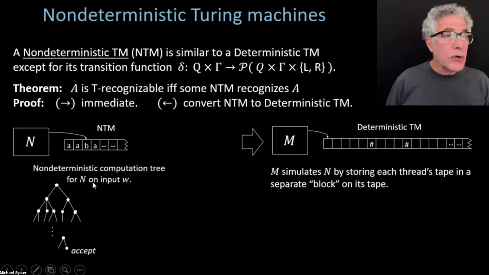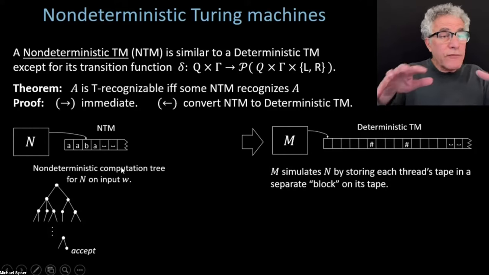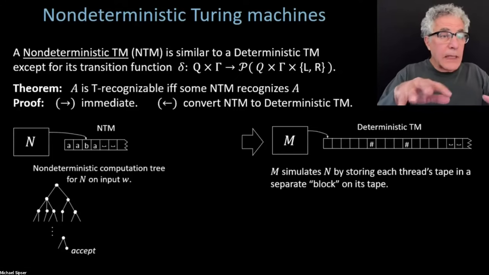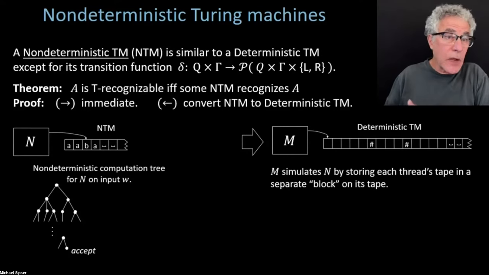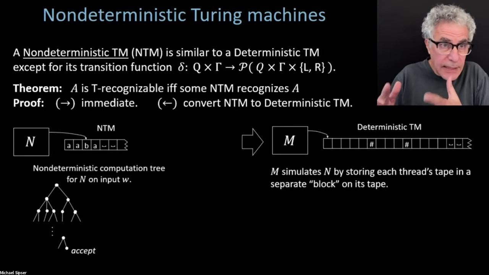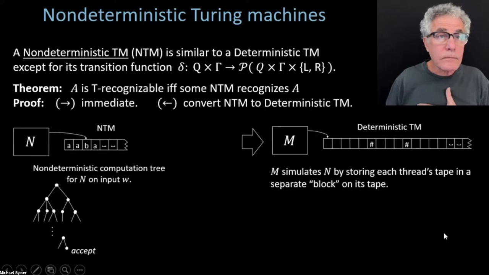So M is going to be simulating N, doing the same parallelism, but getting the effect of the parallelism not through non-determinism, but by maintaining copies of each of the threads on its tape and then updating them accordingly. So the idea is not too complicated. Let's just see some of the details here.